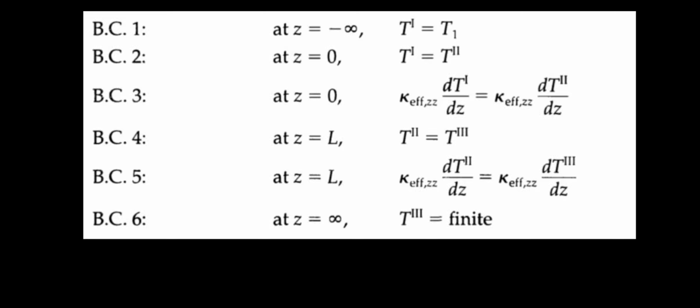This condition implies that far downstream from the reaction zone, the temperature profile becomes flat, indicating that there is no further net heat transfer in the axial direction. This often occurs when the fluid has reached thermal equilibrium with its surroundings or when axial conduction becomes negligible compared to the bulk flow of heat. This is a type of zero gradient boundary condition.